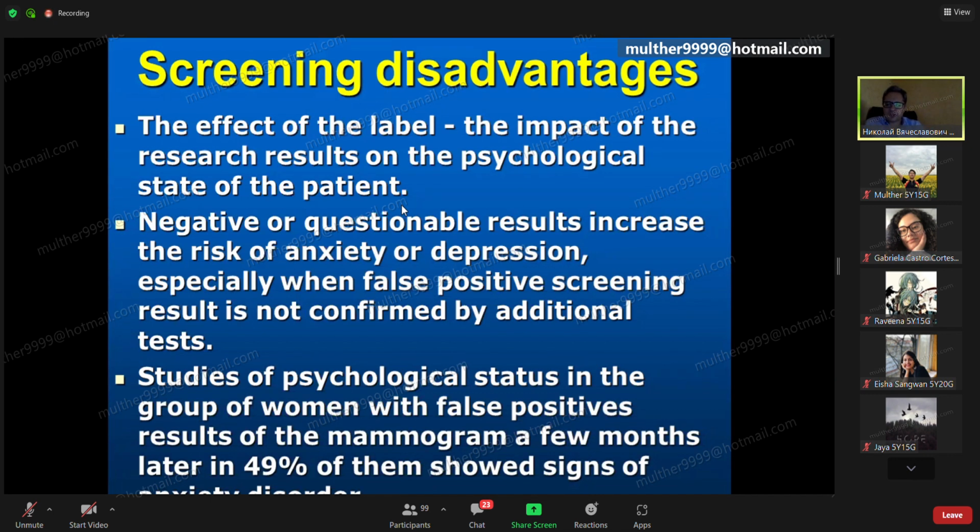It was studied that the psychological status in a group of women with false positive results of the mammogram, a few months later, showed signs of depression and anxiety or anxiety disorders in 49% of them, despite the false positive changes.